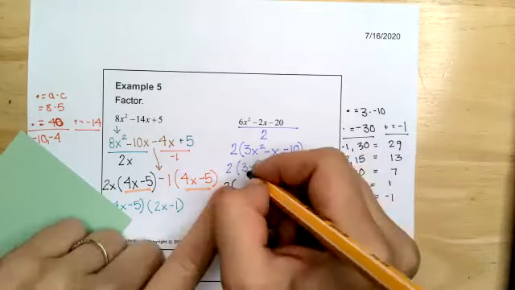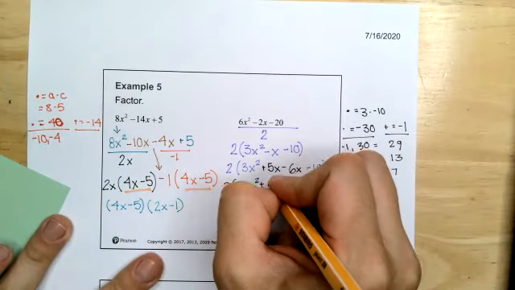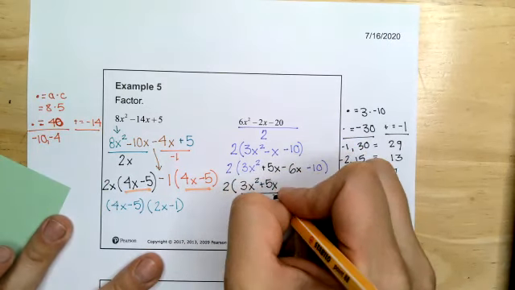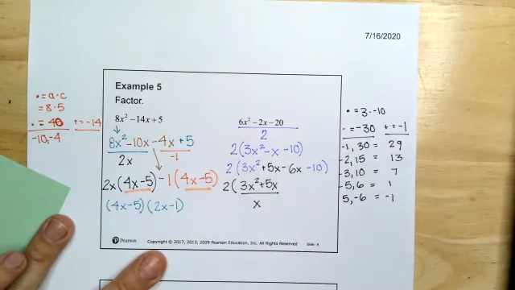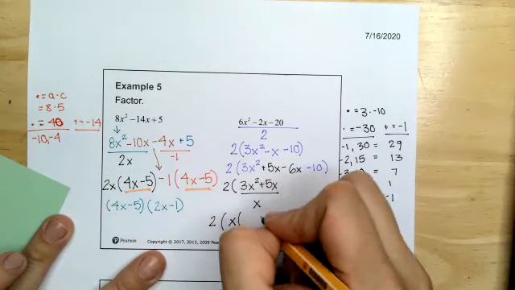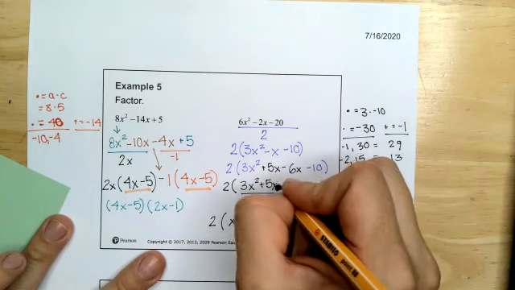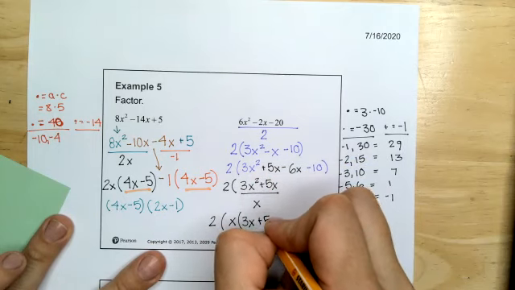Let's look at 3x squared plus 5x. What can I divide them both by? I think it's just the letter x. So 3x squared divided by x is going to be 3x. 5x divided by x is just 5.